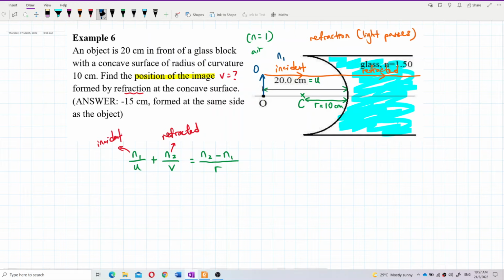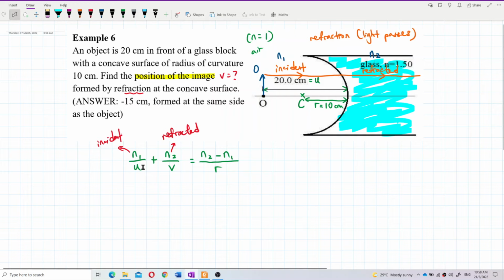So n1 is 1, n2 is 1.5. That's all. Always draw your incident ray and refracted ray first. Then you can determine which one is n1 and n2.